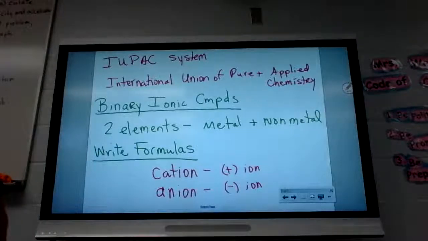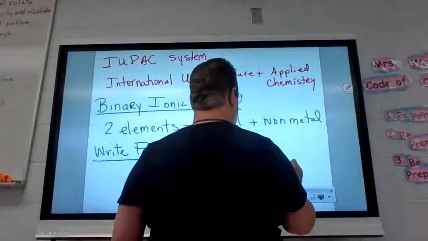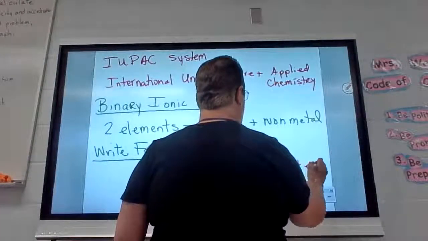So, on your trusty charts, a cation is the positive ion, an anion is the negative ion. We even said the cation meant you did what with your electrons? That's right, because it lost electrons, just as a side note.